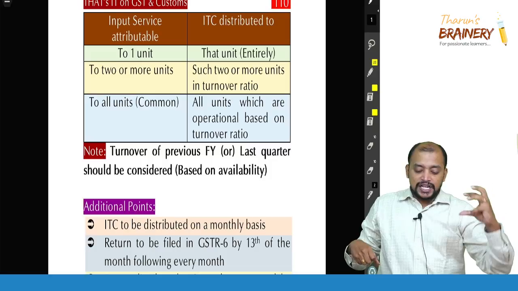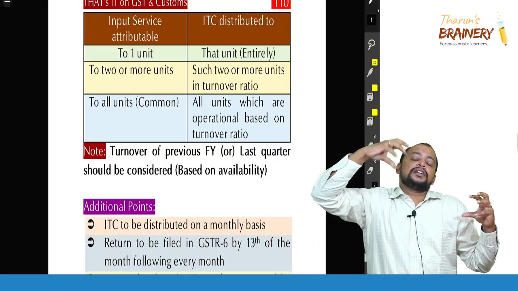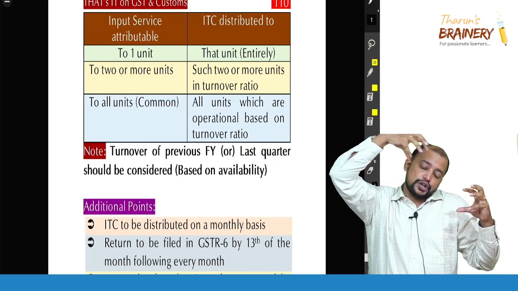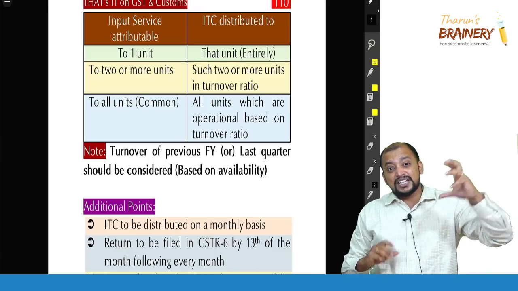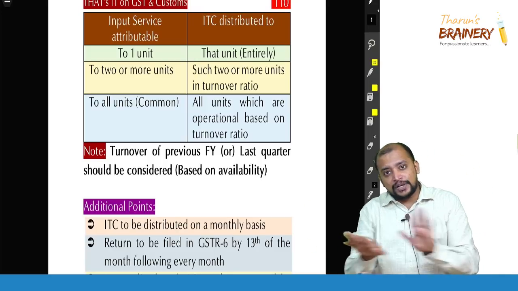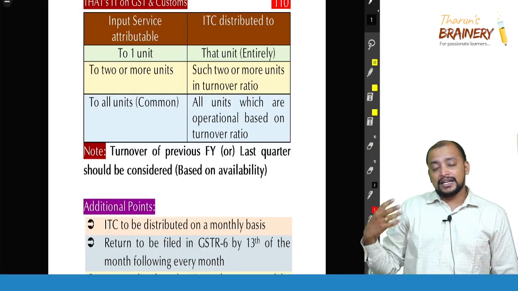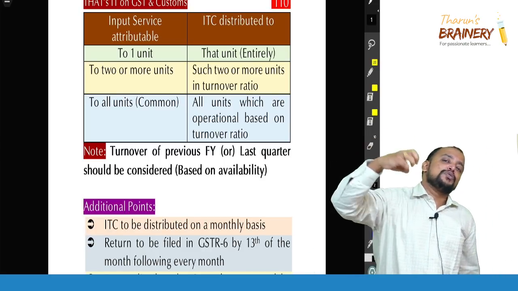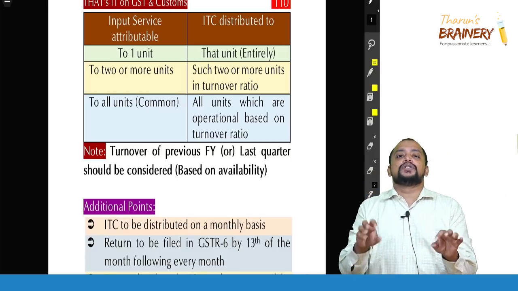Suppose the input service is consumed by two or more units, then the credit will be distributed to those two or more units only, in the turnover ratio. If it is common to all units, not just specific to one or two units, then in that case, the credit will be distributed to all the units which are operational during that month.